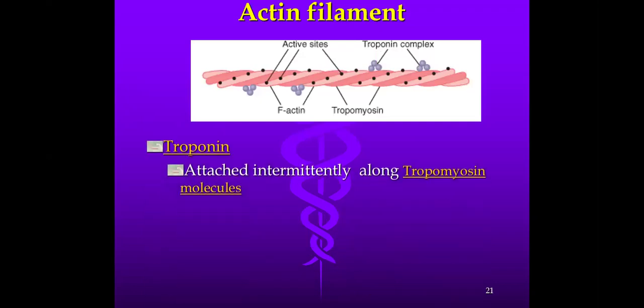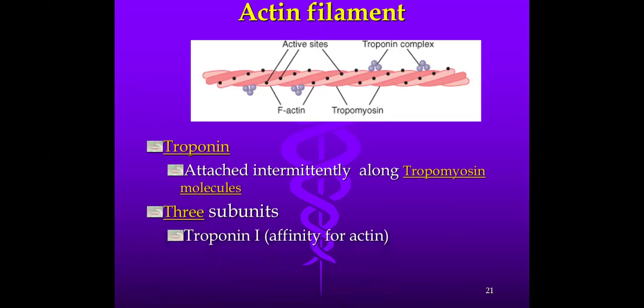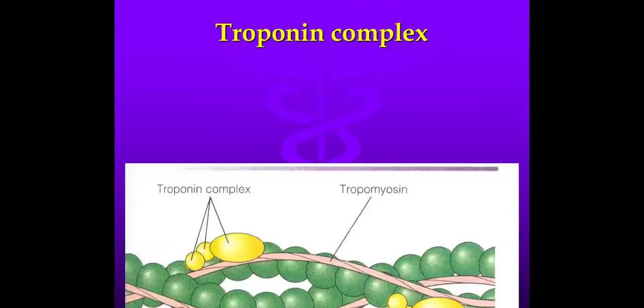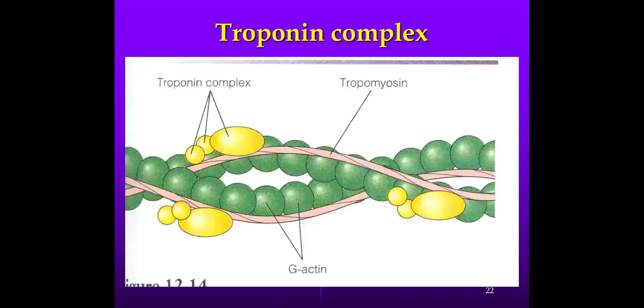The troponin complex is attached intermittently along the tropomyosin molecules. It has three subunits: troponin I, which has affinity for actin, troponin T, which has affinity for tropomyosin, and troponin C, which has affinity for calcium. So the troponin is divided into three subunits, troponin I, troponin T and troponin C. So this is the troponin complex.